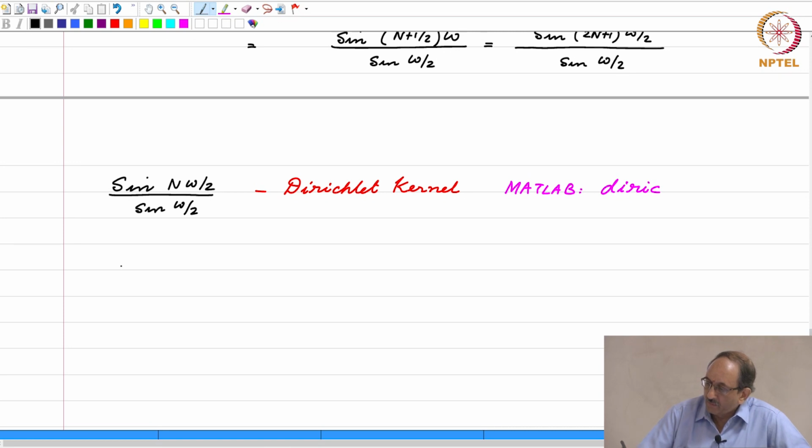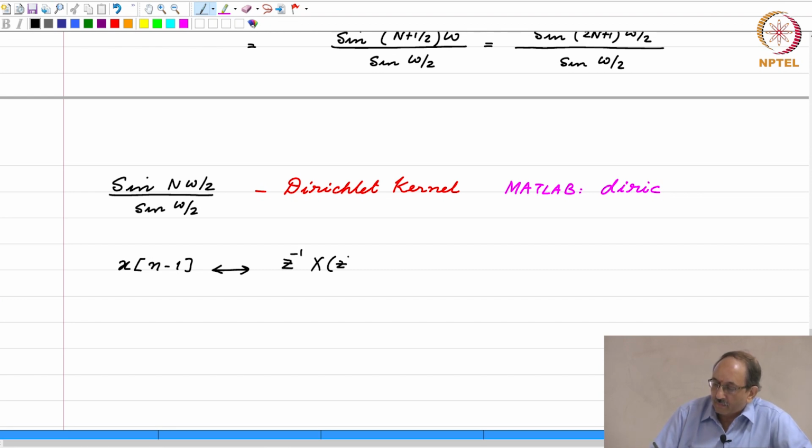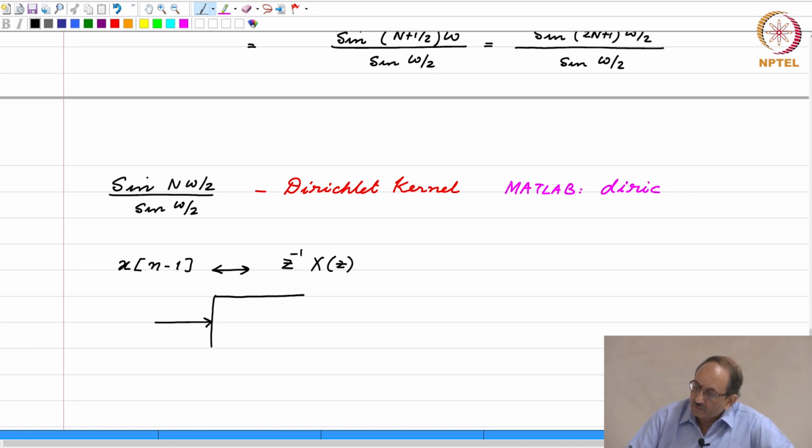So, from the delay property, it is easy to see that x of n minus 1 is nothing but z inverse x of z, and this property is used in block diagrams.